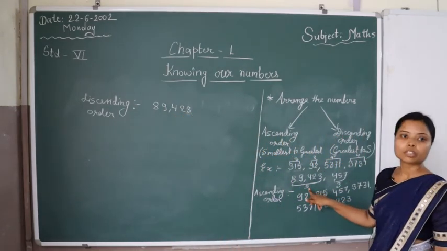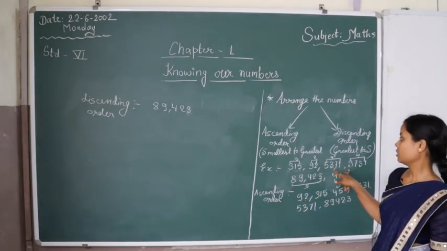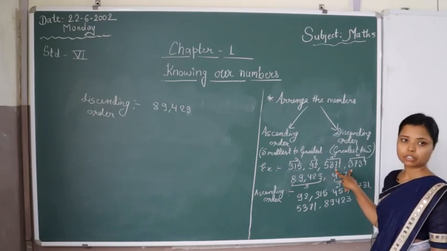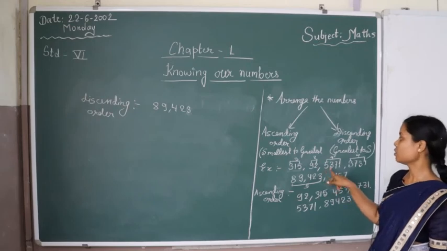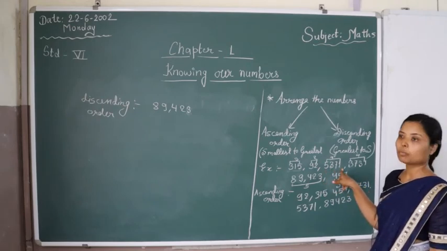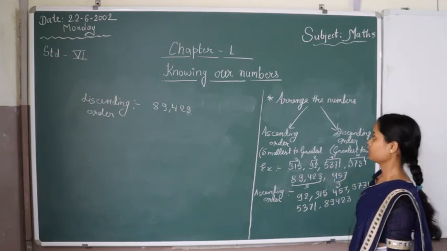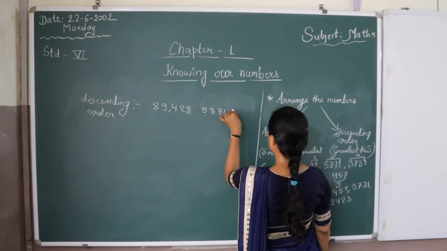It has 5 digits. Then these two numbers have the same number of digits. Which is bigger? We can simply say that 5371 is bigger because its first digit is bigger than the other. So we write it.